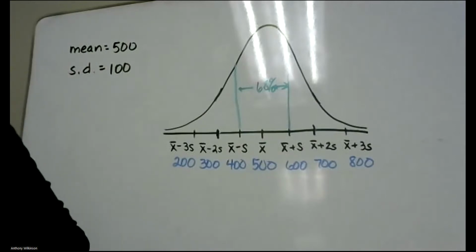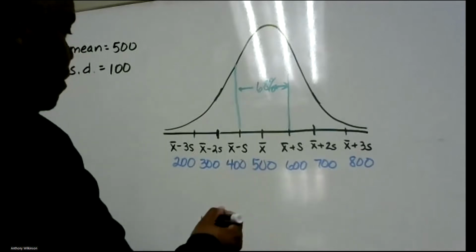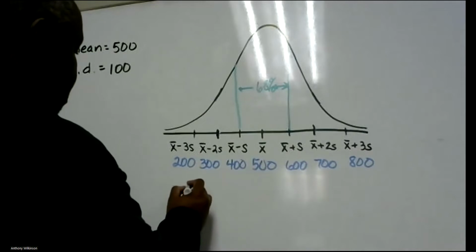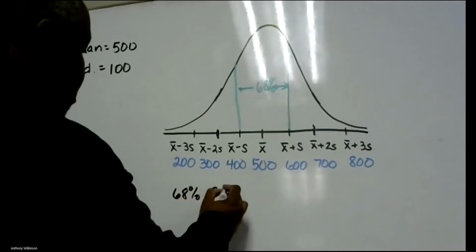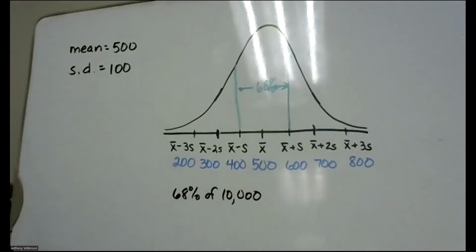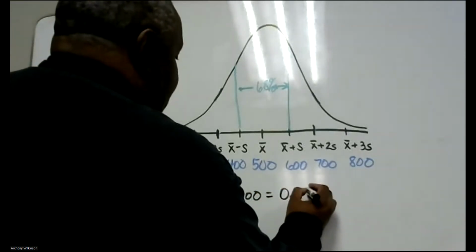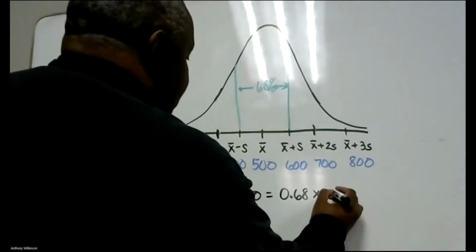So that means here, if I take that 68% of 10,000, because there are 10,000 students that took the test, and 68% are within one standard deviation of the mean. So we need to evaluate 68% or 0.68 times 10,000.